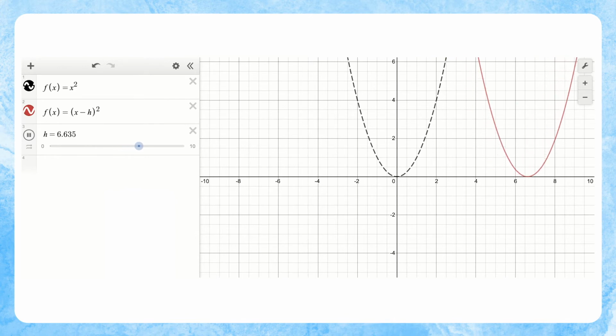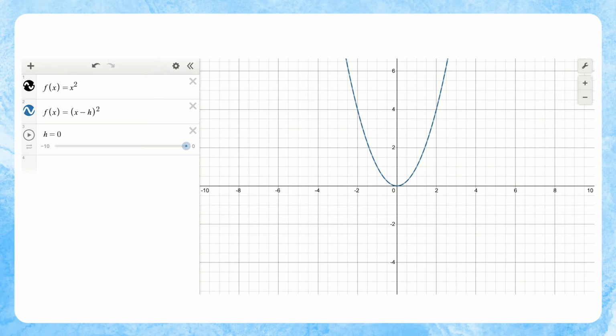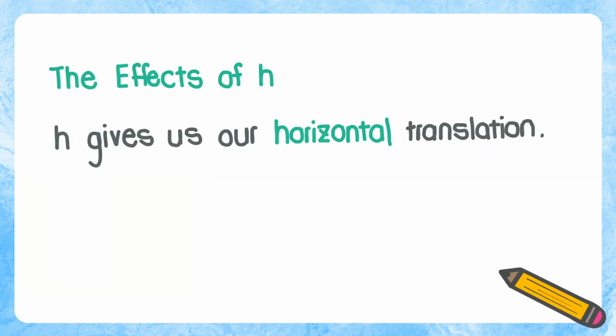And then what happens as h becomes more negative? So as you may have noticed, h gives us our horizontal translation. It tells us whether to move to the left or to the right.